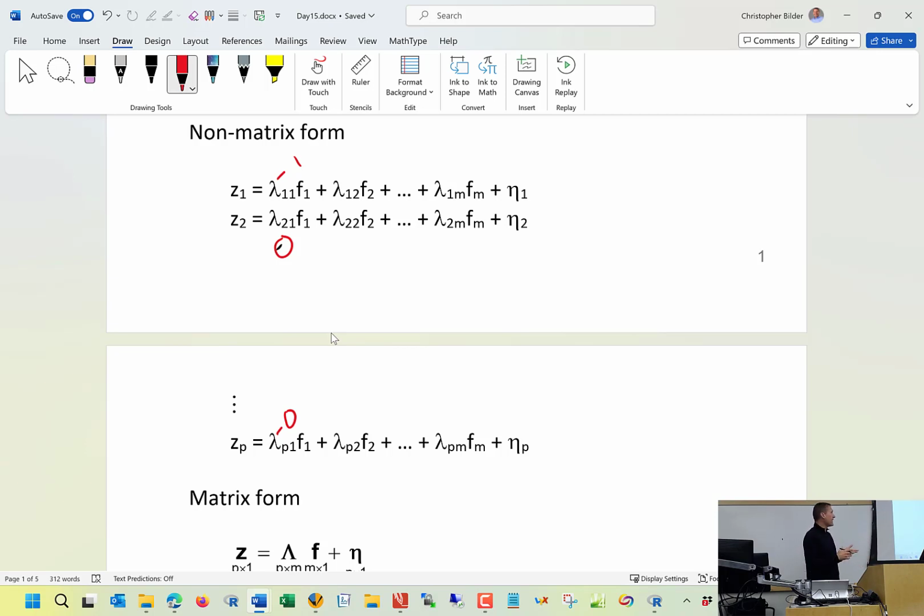Because otherwise, if I have, let's say, some lambdas are 0.2, some lambdas are 0.8, some are -0.2, some are -0.5, it just kind of jumbles up the interpretation. But especially if we can get some that are essentially close to 0. That means if lambda 2,1 was 0, I'd say, okay, Z2 has nothing to do with F1. That makes it a little bit simpler to interpret what F1 is. That's what we want to try to get.